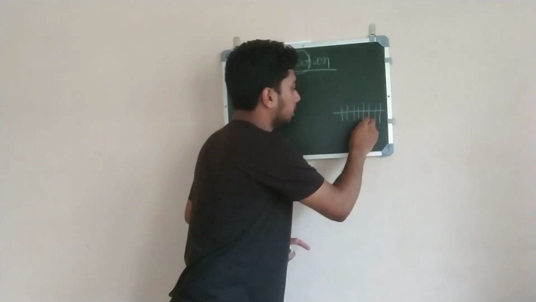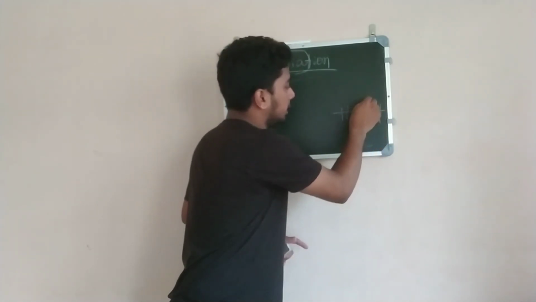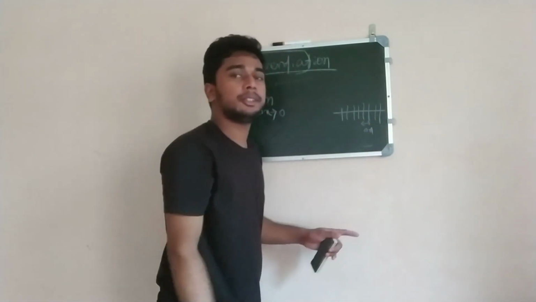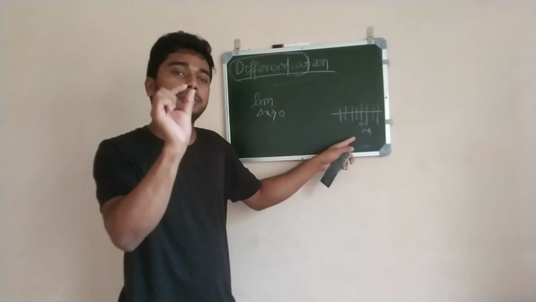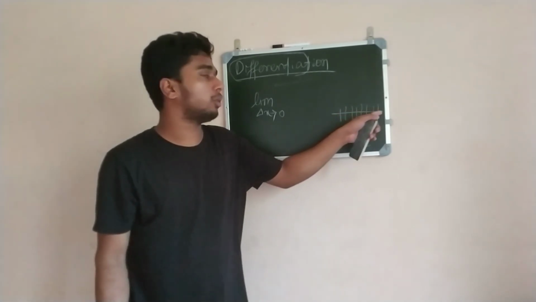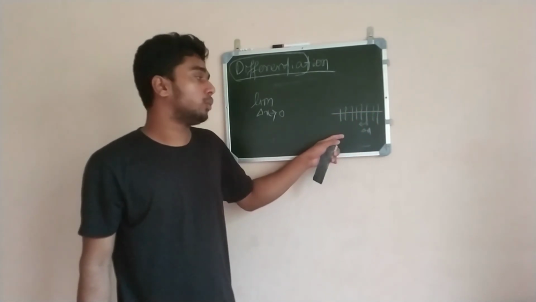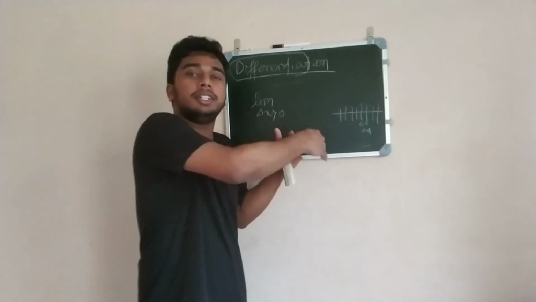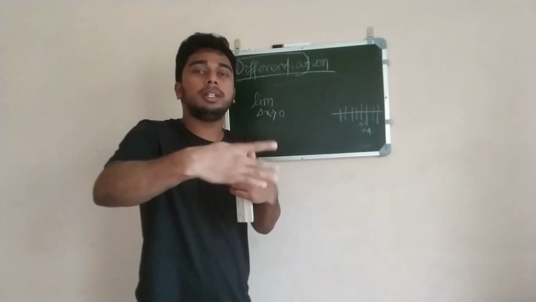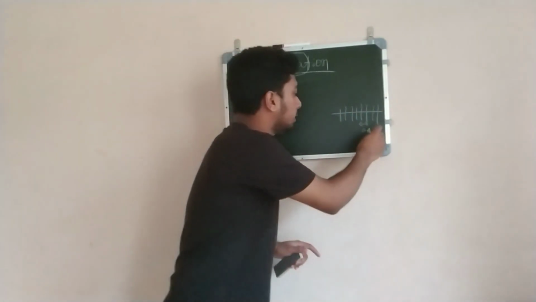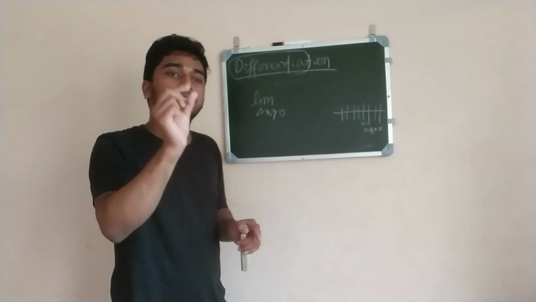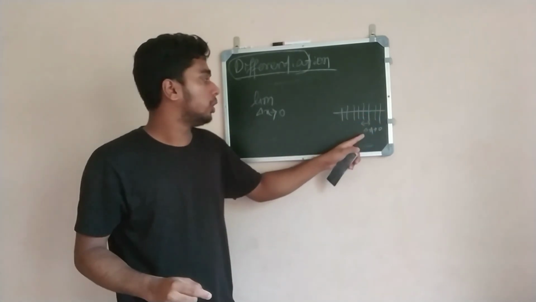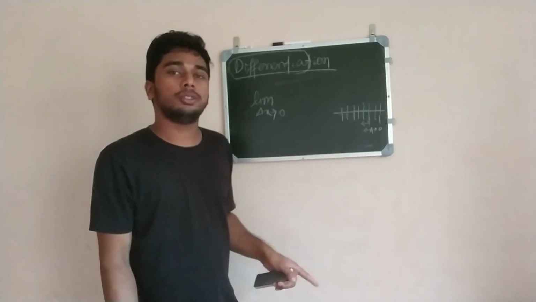I divide this infinite times. I took the length of the infinitesimal element of this wire, that is del x. And when I divide this wire infinite times, the size of this small element del x will be close to 0.